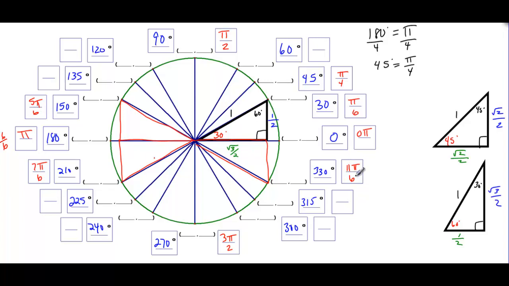Okay? So how do I figure out this one? Well, instead of looking at this as 6 over 6, I'm going to look at it as 4 over 4, because those are my common denominators now. If this rotation is pi over 4, then going backwards pi over 4 from 4 pi over 4, if I go back 1, I'm at 3 pi over 4.